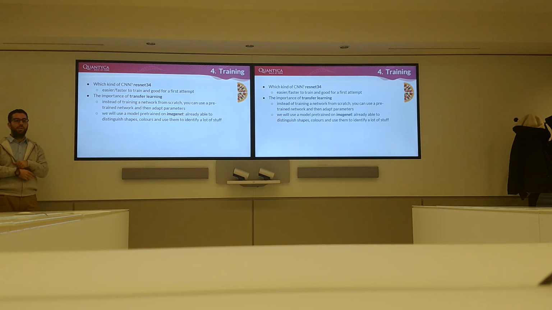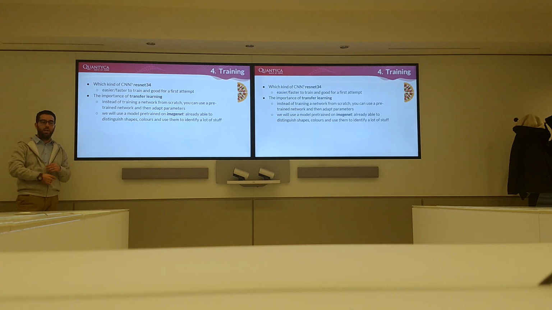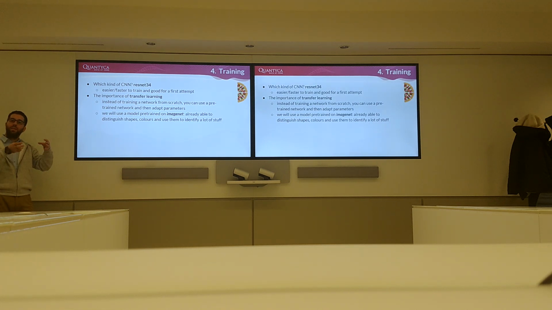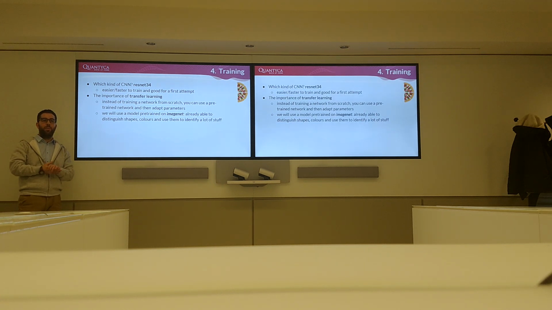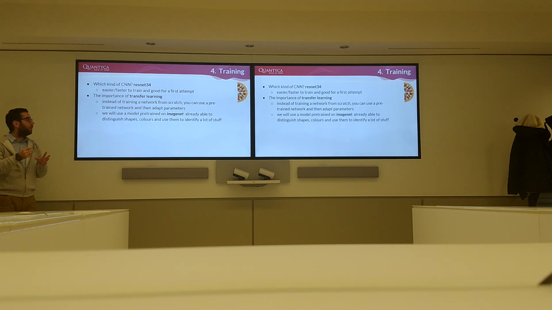Because ImageNet is a set of photos of everything, okay? Objects in general, animals, etc. Not pizzas. So I'm using a model which is able to understand shapes and different things, and now I want to apply that knowledge to pizzas. Okay?